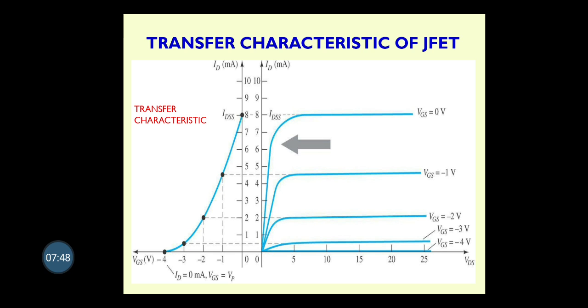Here you can see on the transfer characteristic, at minus 4 the drain current becomes 0. So VGS equal to the pinch off voltage is equal to minus 4. This is how you get the pinch off voltage from the transfer characteristic.